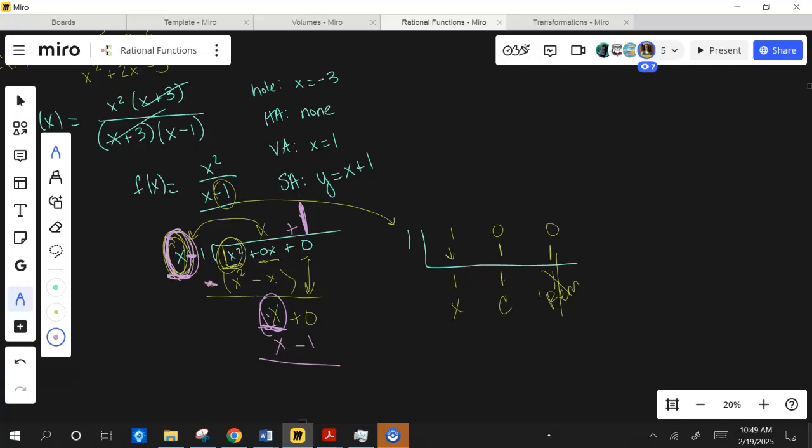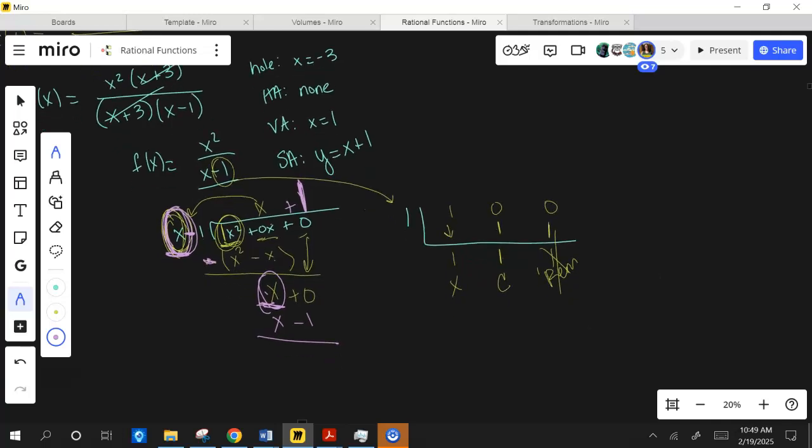What is the 0x? Okay, so put the x on top. So 0x minus negative x.